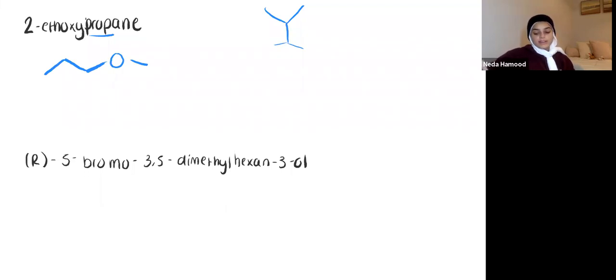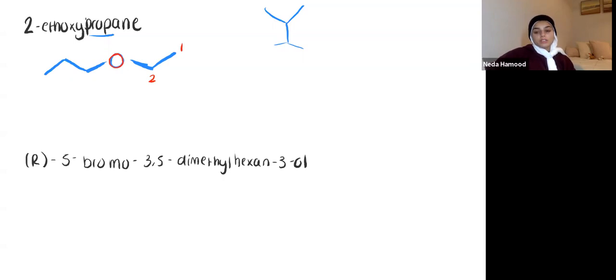So then we have this. Your 2-ethoxy is like, this is how we're counting it. 1, 2, and then you have your little oxy part, but then this is your ethyl.